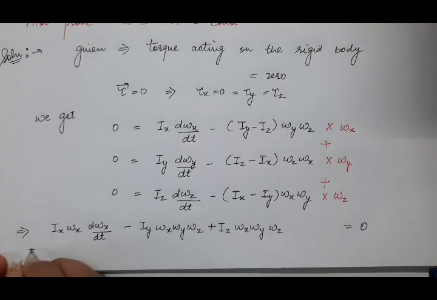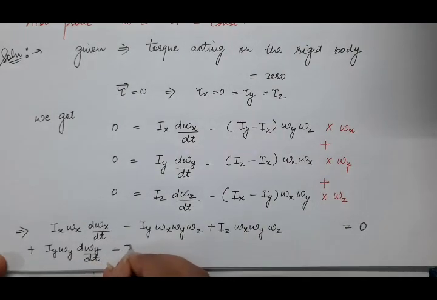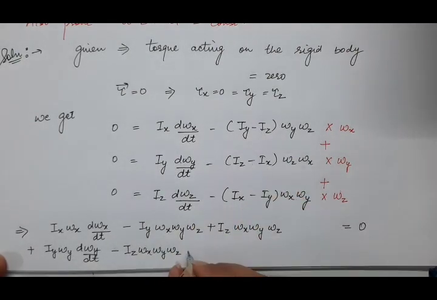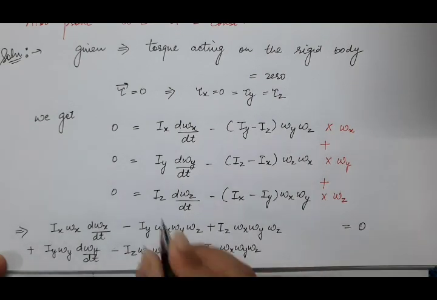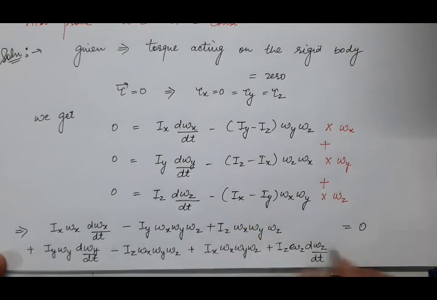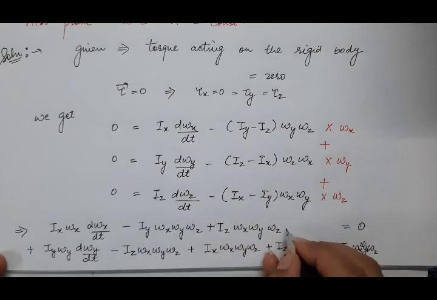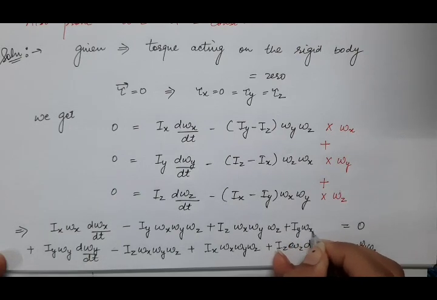then plus Iy omega y d omega y by dt, minus Iz into omega x omega y omega z, minus minus plus we have Ix omega x omega y omega z, then this term plus Iz into omega z d omega z by dt, minus Ix omega x omega y omega z, and minus minus plus, so we have Iy omega x omega y omega z.